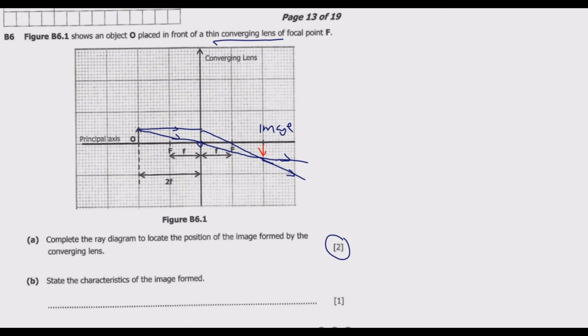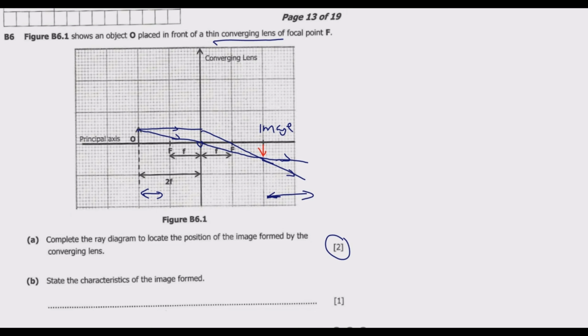Now these are the key things that you need to know. If the object is between F and 2F, you know that the image will be formed beyond this point, to the right of 2F.